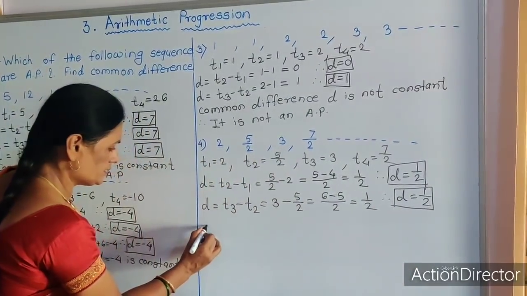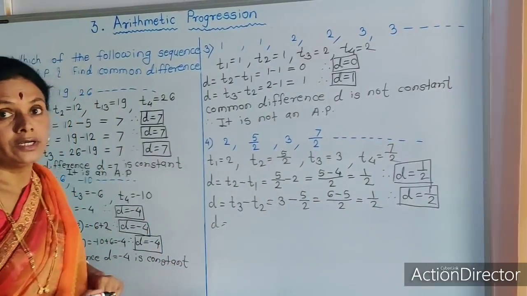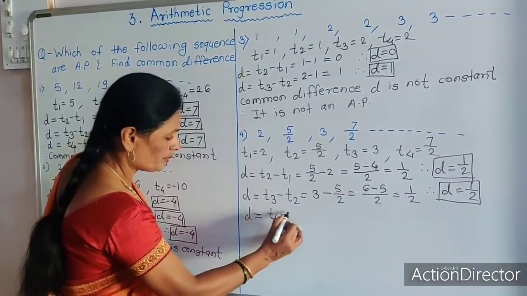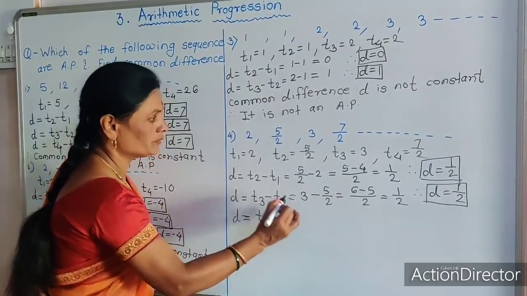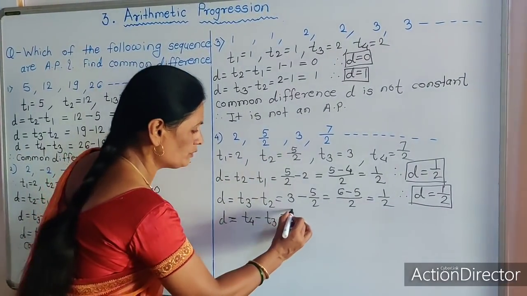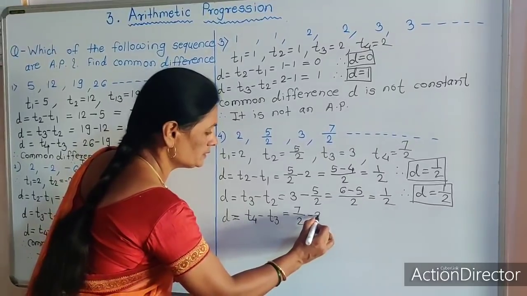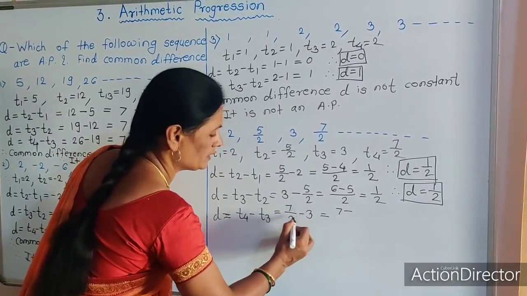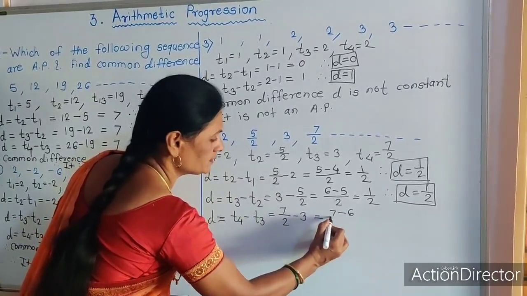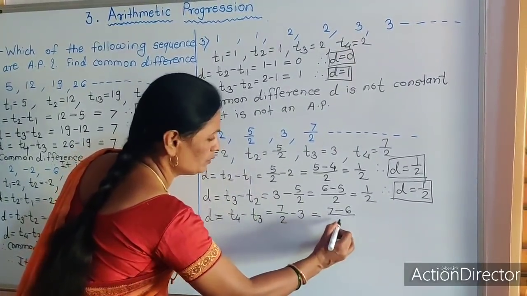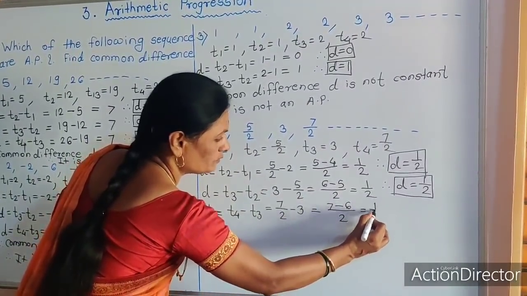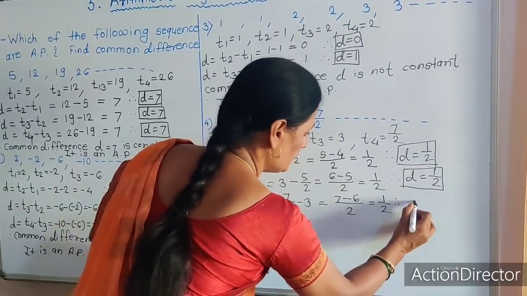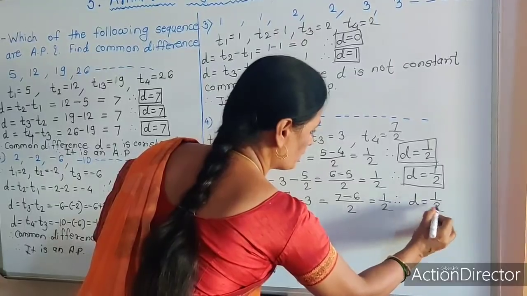Now next, D is equal to T4 minus T3, which is 7 upon 2 minus 3. By cross multiplication, 7 minus 3 into 2, 6, upon 2 is equal to 1 upon 2. That is, D is equal to 1 upon 2.